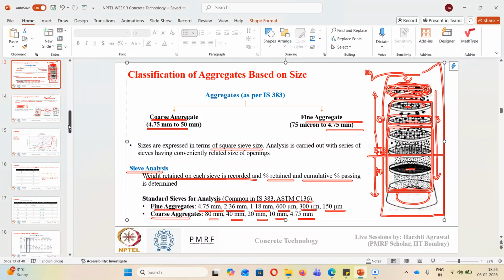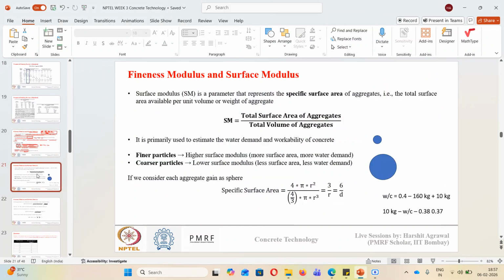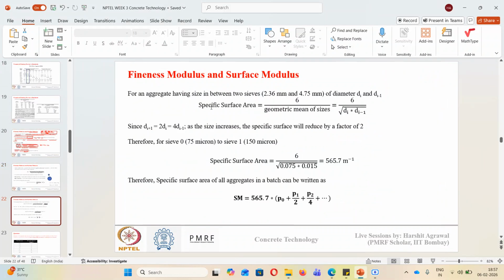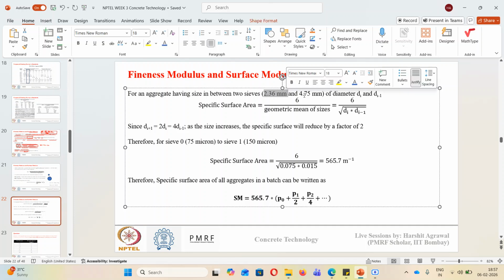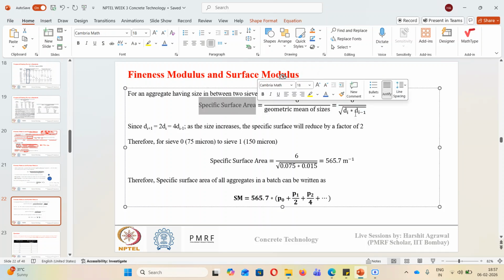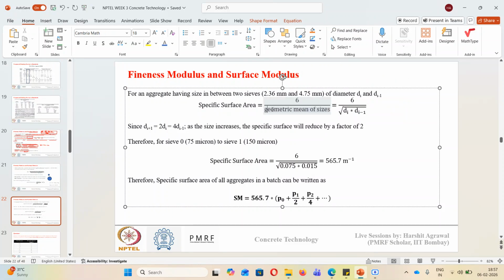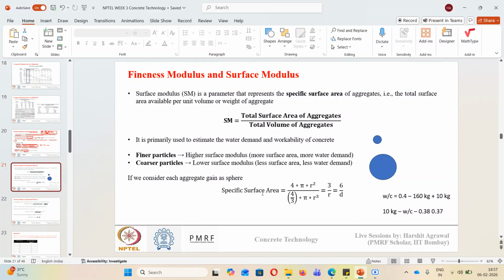Similarly, if you want to determine specific surface area based on sieve passing, and 2.36 is passing and 4.75 retaining, then the specific surface area of that aggregate we can determine as 6 upon the geometric mean size. Why are we determining it like this? Because not always will we get an aggregate which is spherical in nature.